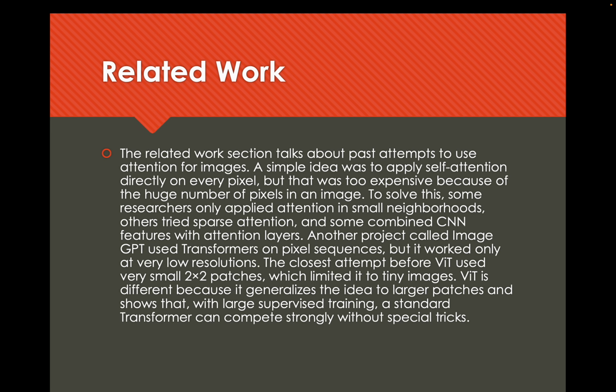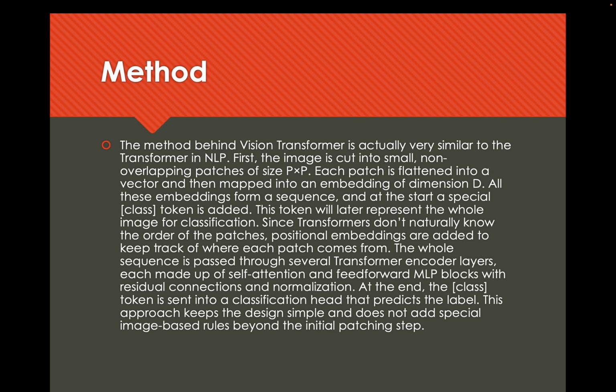The closest attempts before ViT used very small 2x2 patches, which limited them to very tiny images. ViT is different because it generalizes the idea to large patches and shows that with large-scale supervised training, a standard transformer can compete strongly with special tricks.